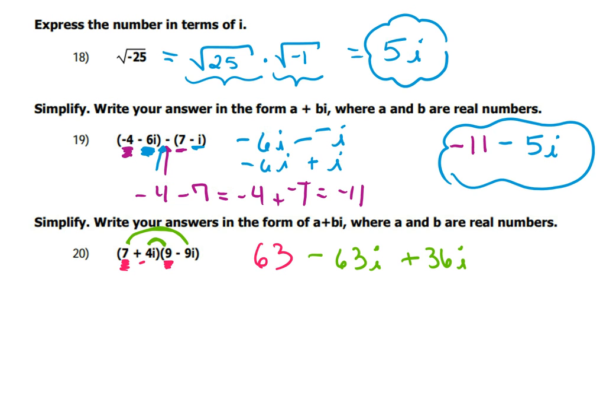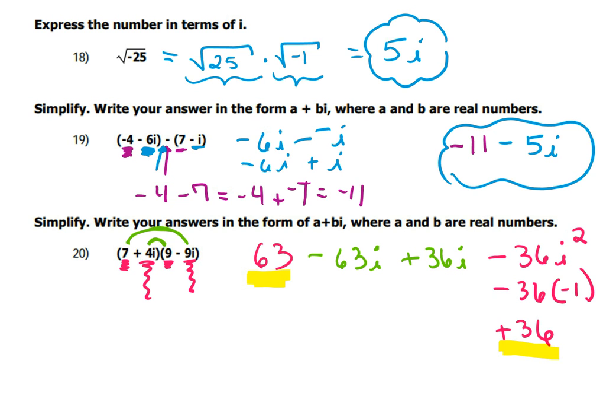And then last times last is a negative 36i squared. But then you have to remember that the i squared is a negative 1. So this is really a plus 36. So I can now add together my 63 and my 36. And that's going to give me my first part of my answer, which would be, what, 99?